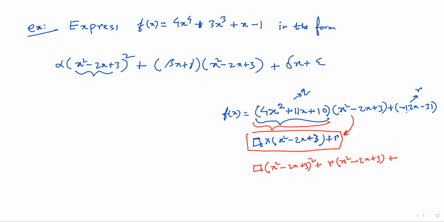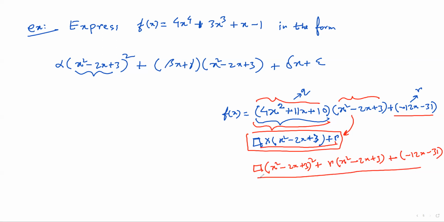So all we have to do is divide this quotient again by the same divisor, so that the overall structure is exactly what they are demanding here.